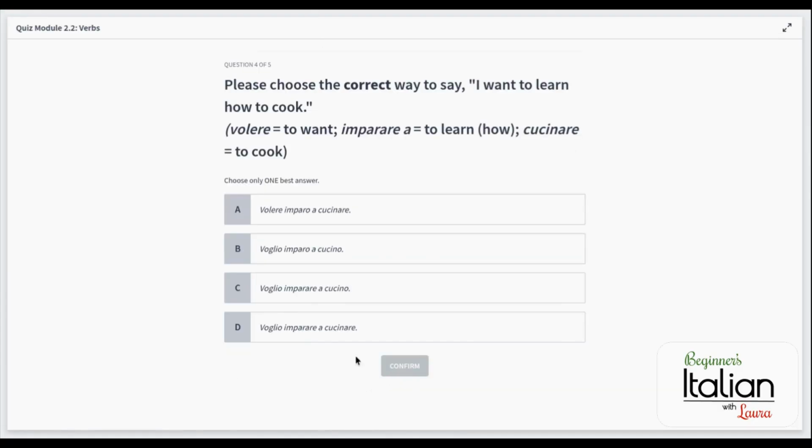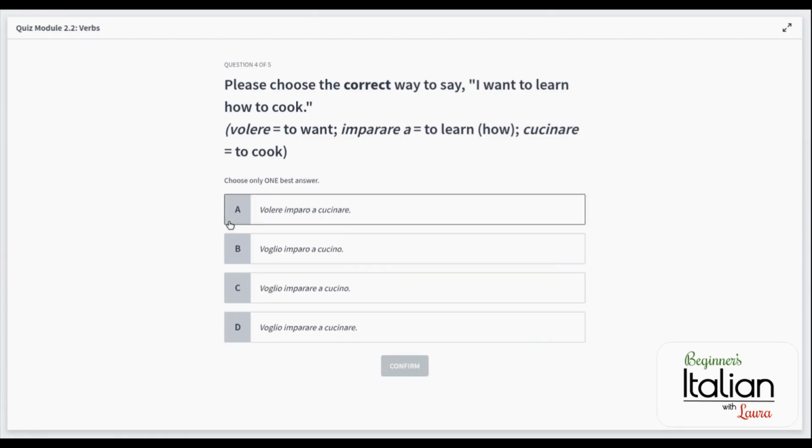Number 4. Please choose the correct way to say, I want to learn how to cook. As a hint, I'll give you the verbs. Volere means to want, imparare a, to learn or to learn how, and cucinare means to cook. Choose only one best answer.